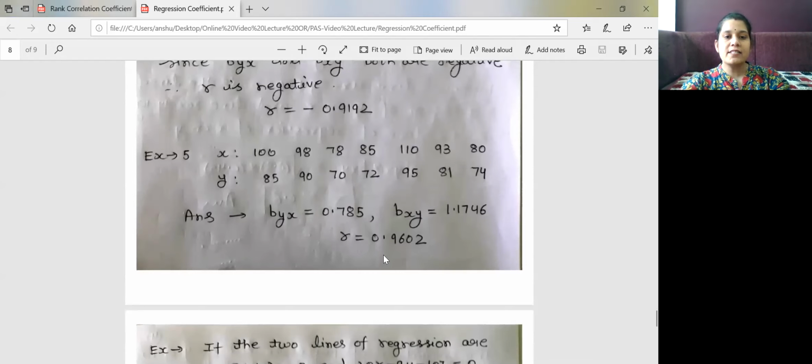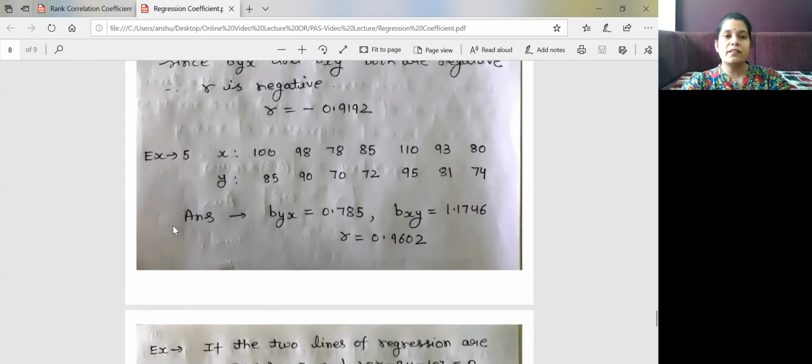So our next question is x is equal to 100, 98, 78, 85, 110, 93 and 80, and according to x, y is equal to 85, 90, 70, 72, 95, 81 and 74.